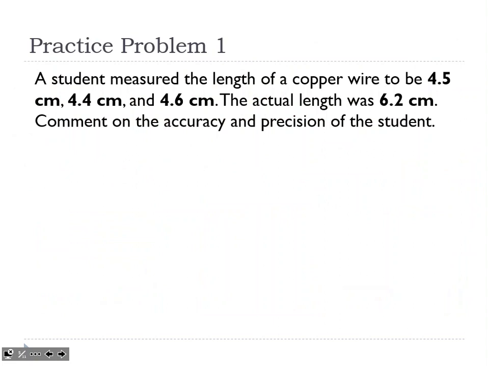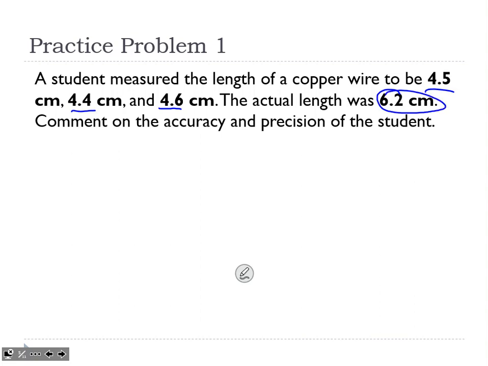Now we're going to look at problem 1. Take a moment to read it and comment on the accuracy and the precision. Okay, looking here, what would we say about the accuracy of this presented data? Poor, because here you see your different data, 4.5, 4.4, 4.6, not very close to the actual.